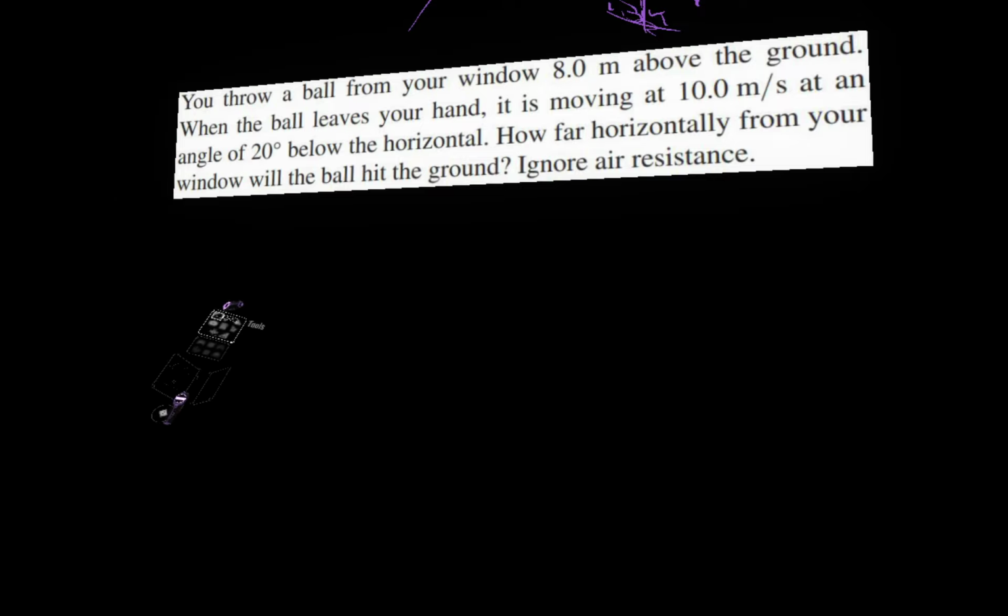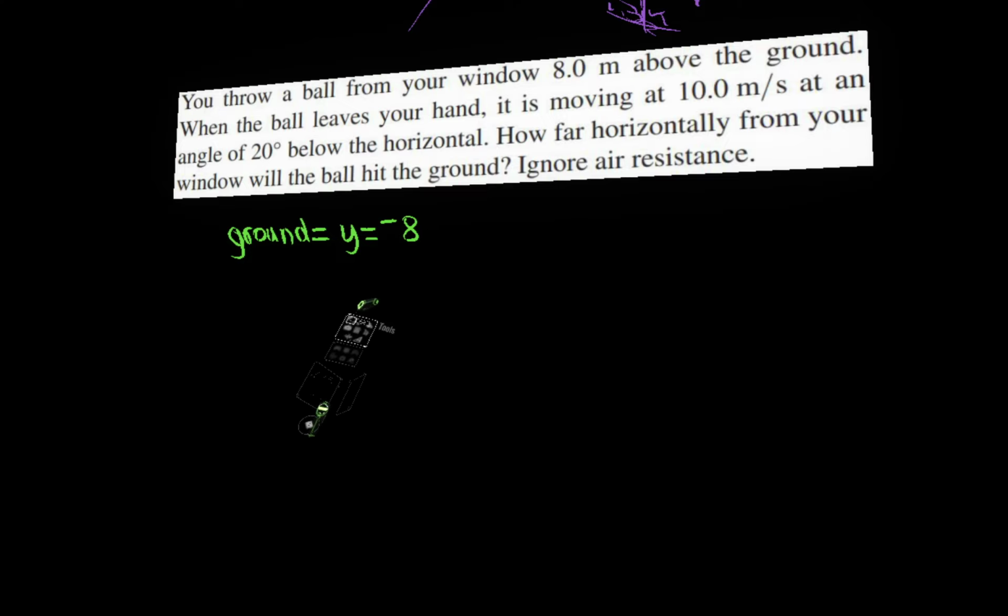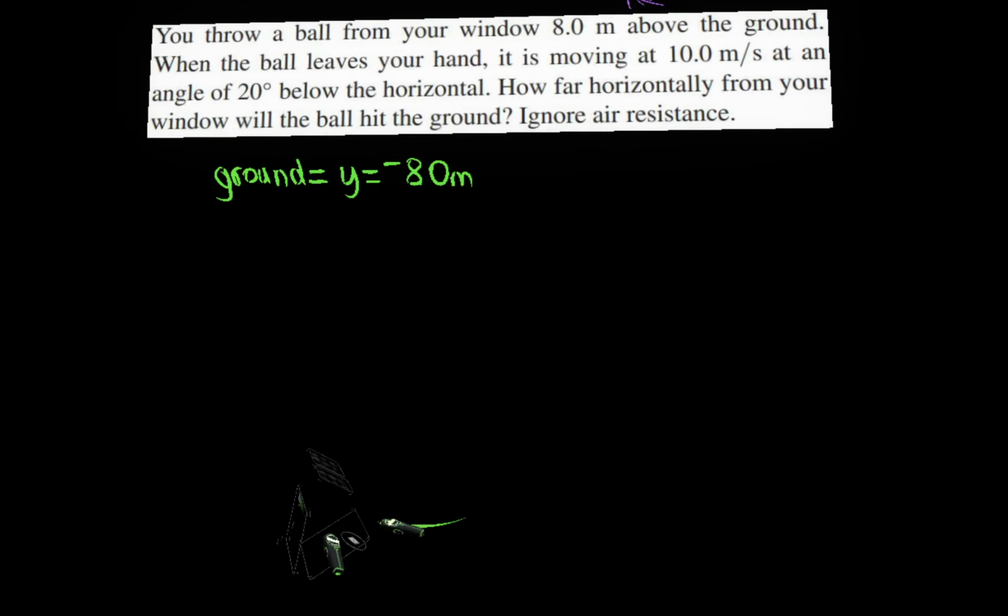So ground equals y is negative 8.0 meters, right? And so what we want to find is when, so when does that happen?